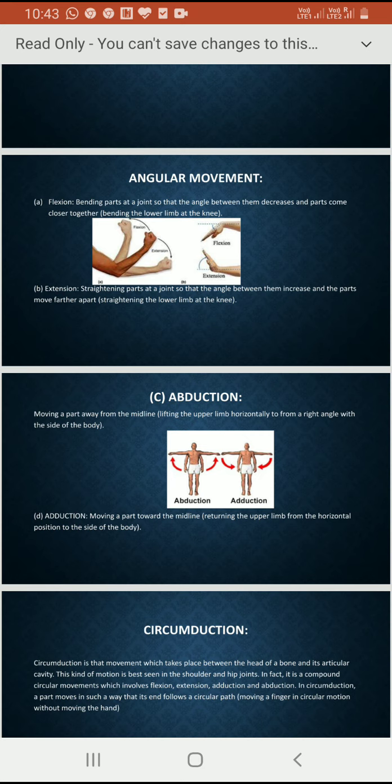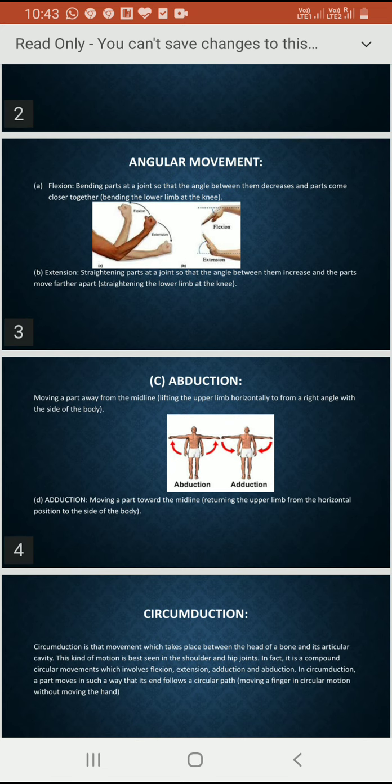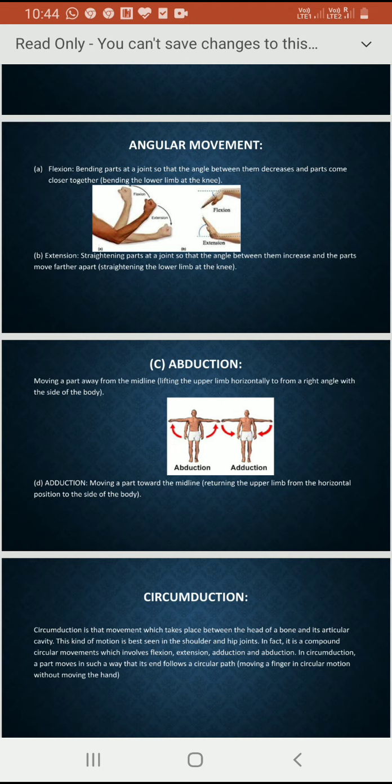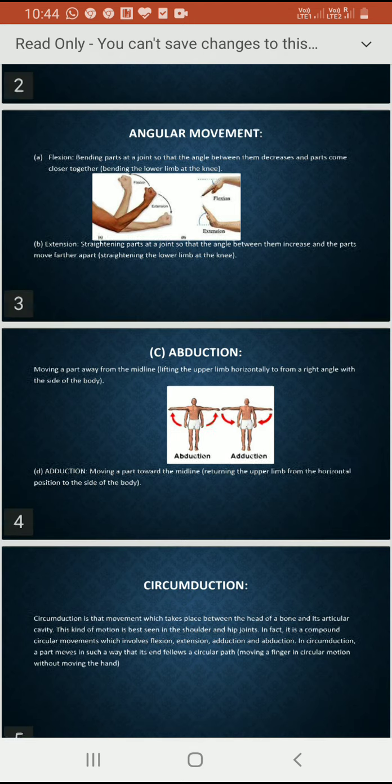Returning the upper limbs from the horizontal position to the side of the body is adduction. So the main difference between abduction and adduction is that in abduction the part moves away from the midline, and in adduction the part moves toward the midline. You can also understand this from the figure.